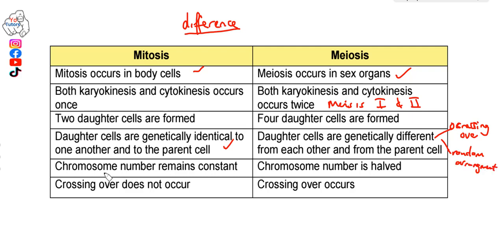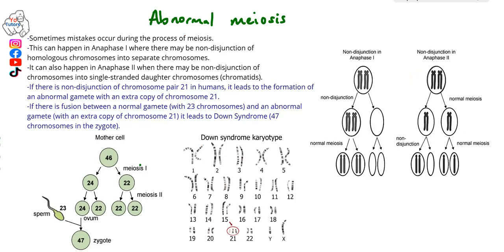In mitosis, the chromosome number remains constant, 2n stays 2n. In meiosis, the chromosome number is halved from 2n to n. In mitosis, crossing over does not take place. In meiosis, crossing over occurs.